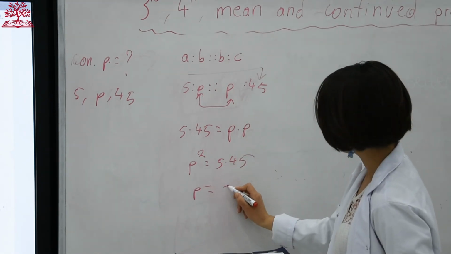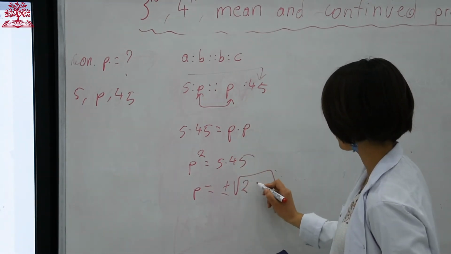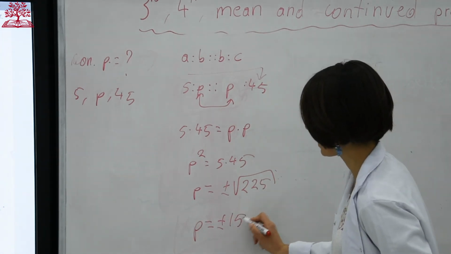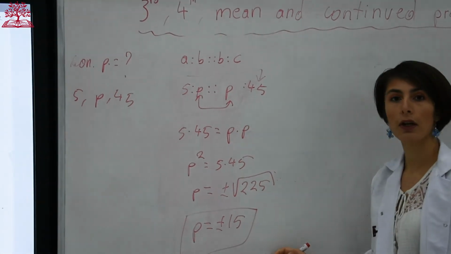P equals plus or minus the square root of 225, and P equals plus or minus 15 in this case. Okay?